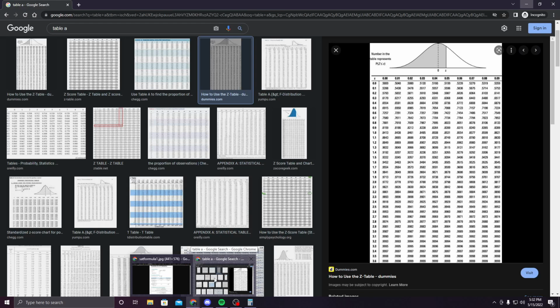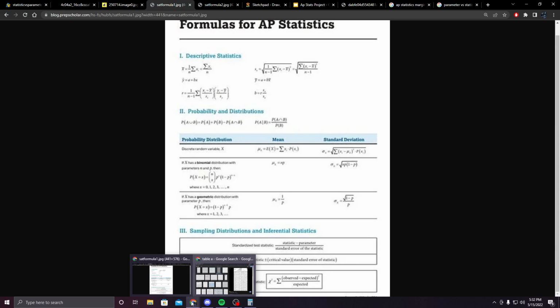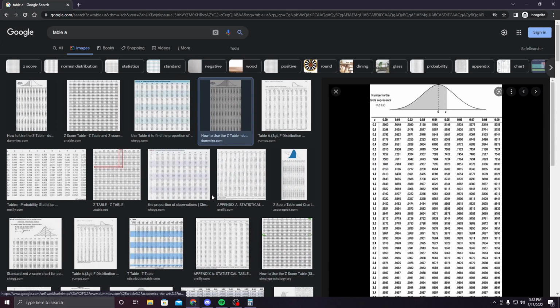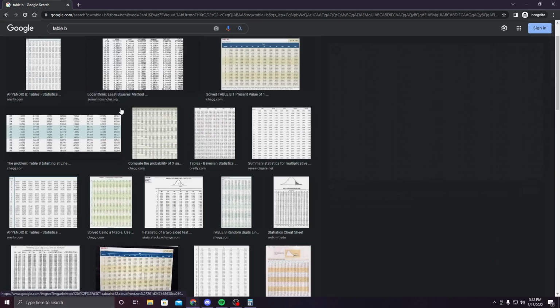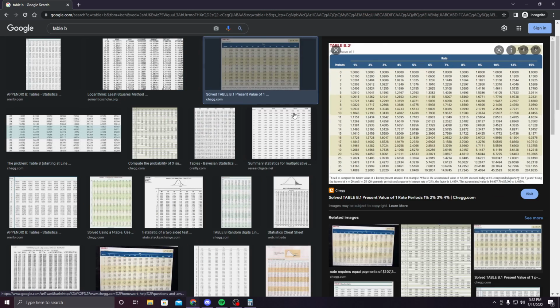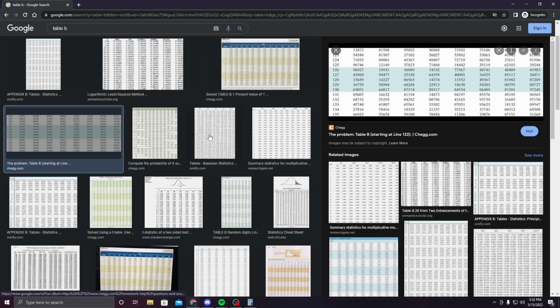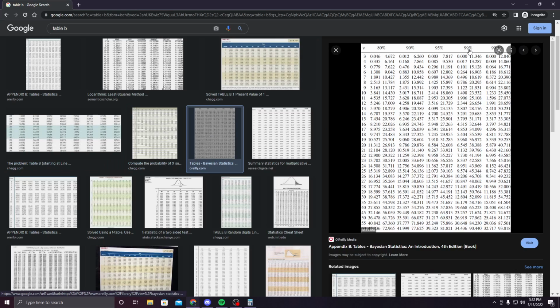It is found by the percentage of confidence that you would want. So you would need table B, not table N, table B, which gives you the confidence intervals.